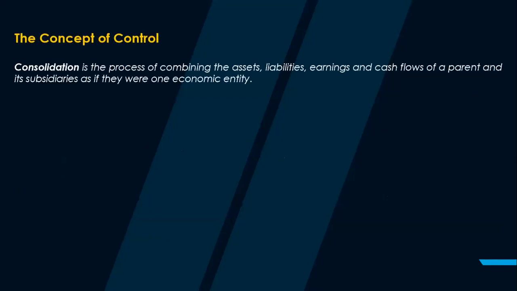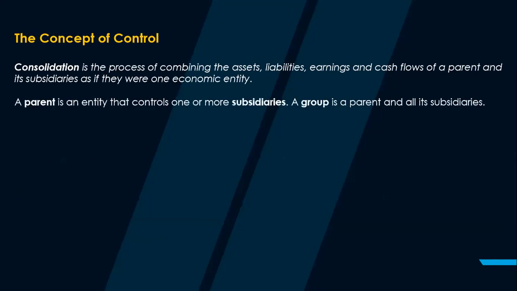The concept of control. Consolidation is the process of combining the assets, liabilities, earnings, and cash flows of a parent and its subsidiaries as if they were one economic entity. A parent is an entity that controls one or more subsidiaries.